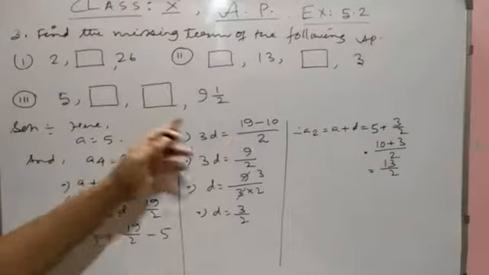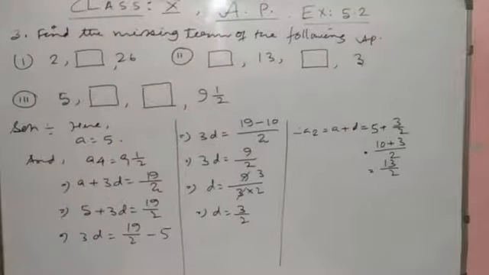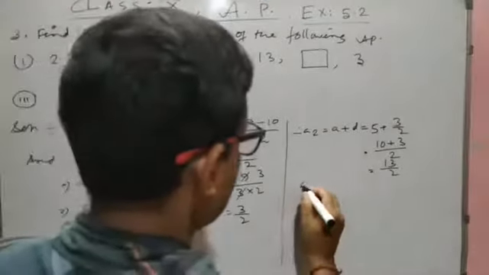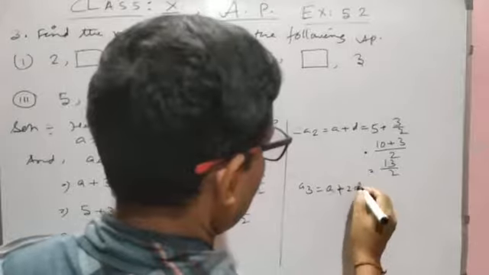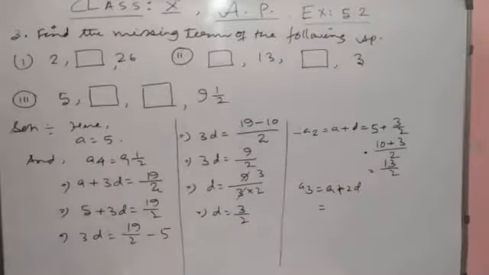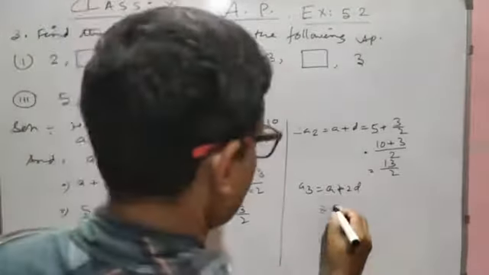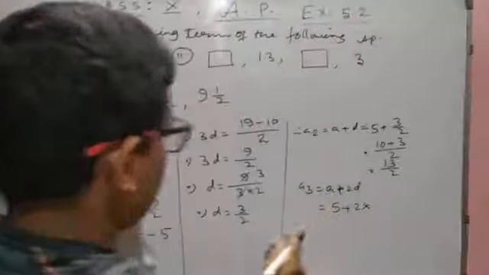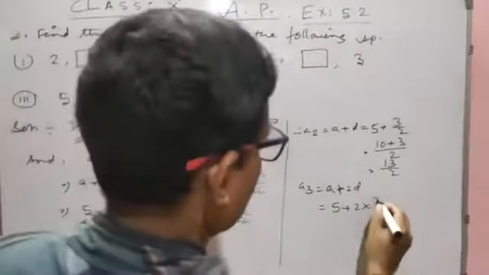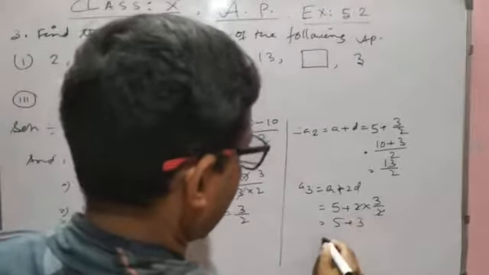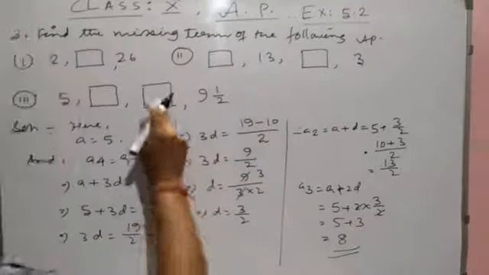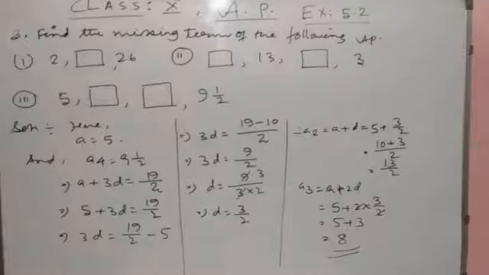So the second term will be 13 by 2. Again the third term equal to a plus 2d. a means 5, d means 3 by 2, the 2 cancels, so it will be 5 plus 3 equal to 8. So this will be 8.